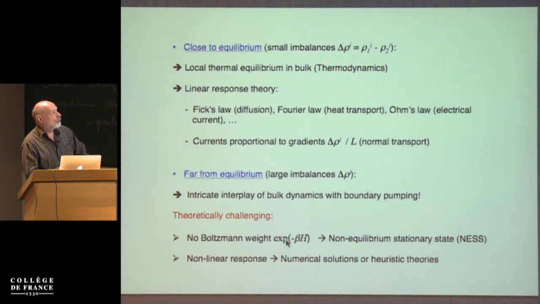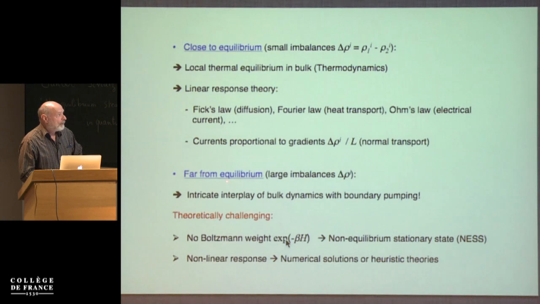So we can use the rules of thermodynamics, and then linear response theory will give us, for diffusion, if the conserved quantity is mass, Fick's law, or if the energy is conserved, we will get Fourier's law, and if we have electrical charge that is conserved, we will get Ohm's law, and so on. And the currents will be proportional to the gradients of these quantities, with some matrix if there are several, divided by the system length, and this is what's normally called normal transport.